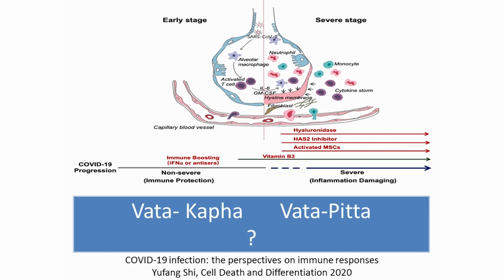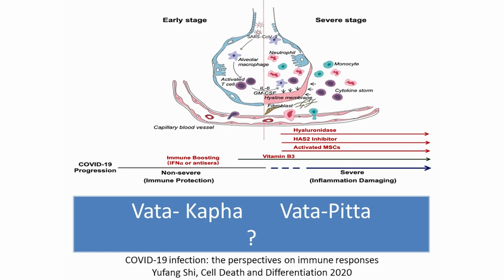This inflammation is seen affecting vital organs, and that is why the patient turns into MODS, multiple organ dysfunction syndrome. This indicates the phenomenon we call in Ayurveda Dhatu Paka. So perhaps the earlier phase of infection is Vata Kapha dominant, whereas the latter phase is Vata Pitta dominant.